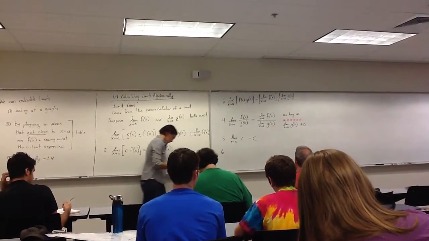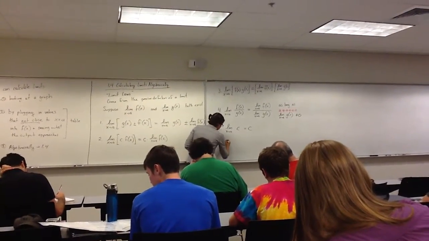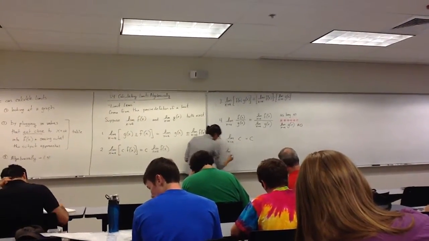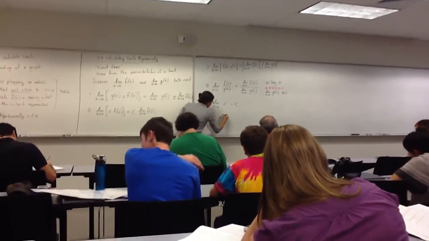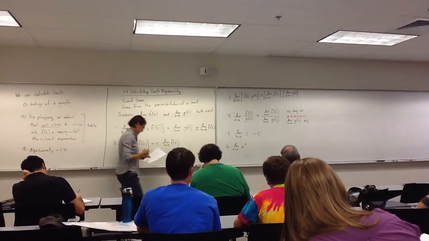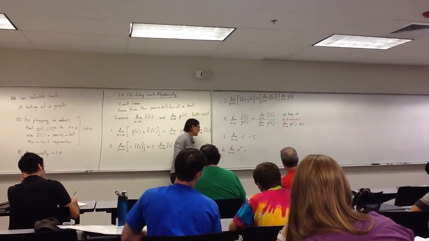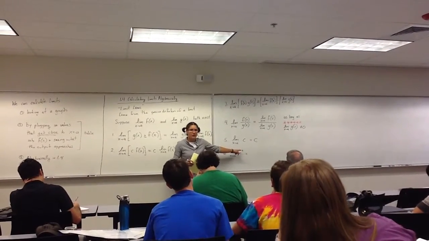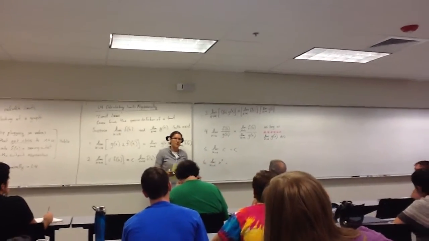All right, and last but not least, number 6. The limit as x approaches a of x raised to any positive power. Well, x raised to any positive power is some kind of a polynomial like x squared, x to the third, x to the fourth, x to the 256.